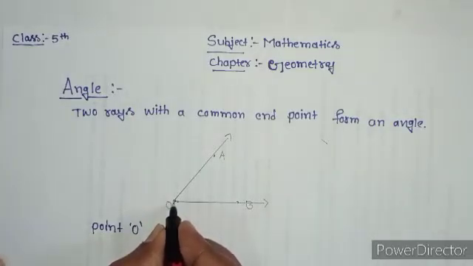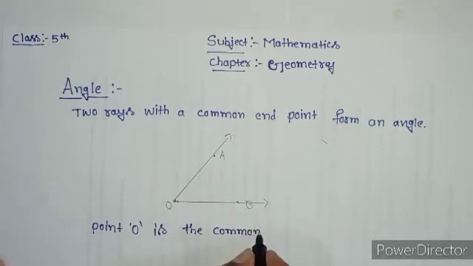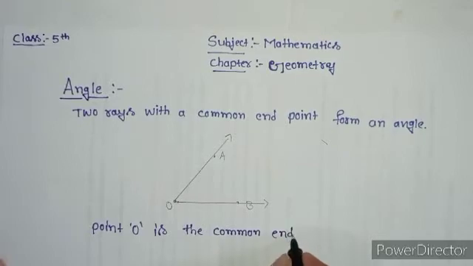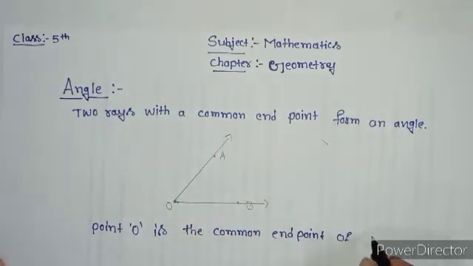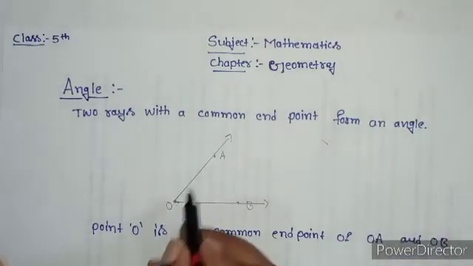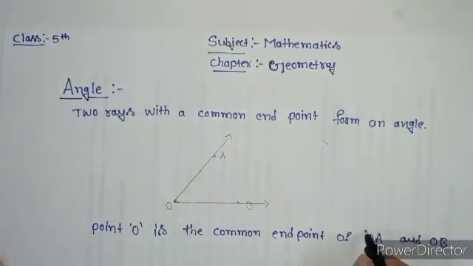Here OA and OB are rays, so we represent OA and OB with arrowheads.